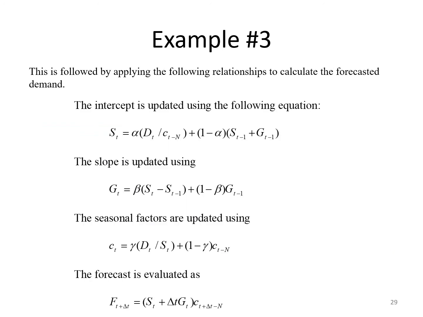Now, we have estimated the initial values that are necessary to develop our forecasts, which include the initial slope, the initial intercept, and the initial seasonality factors for each quarter. Next, we are going to use the Holt-Winters formulas to develop our forecasts for future demand.